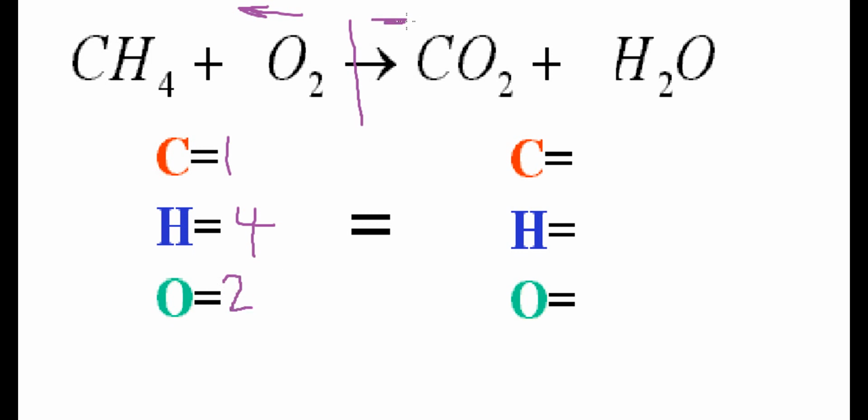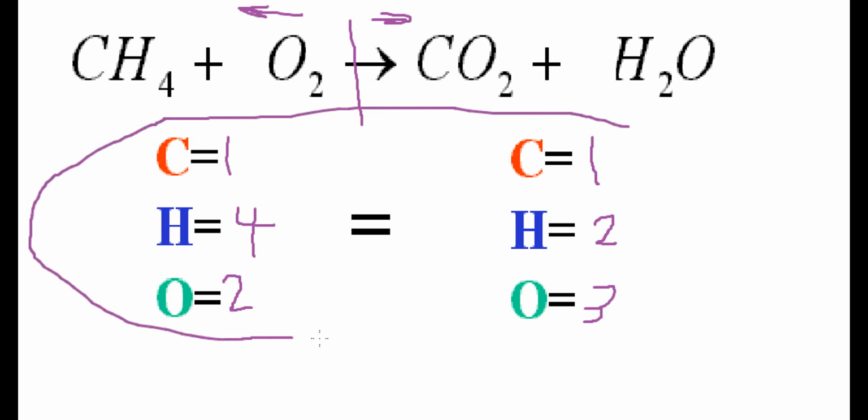On the right side of the equation, we have 1 carbon, we have 2, 3 oxygen, and we have 2 hydrogen. So, if we look at this equation, if somebody was to ask you, without you previously knowing what a balanced equation is, and knowing this information, would you say it is balanced?